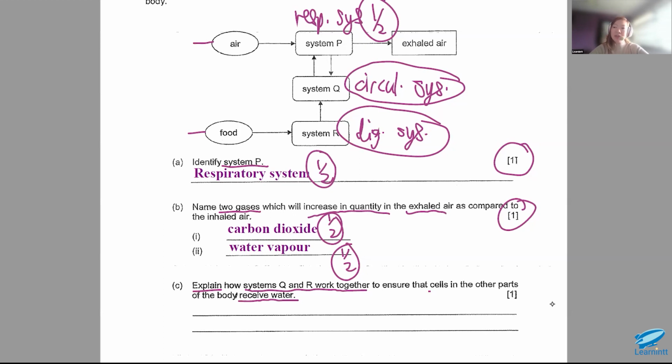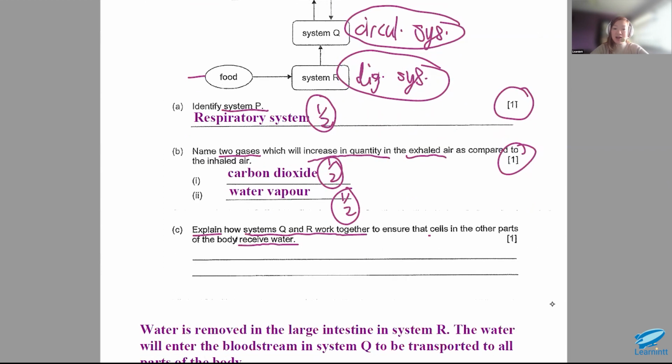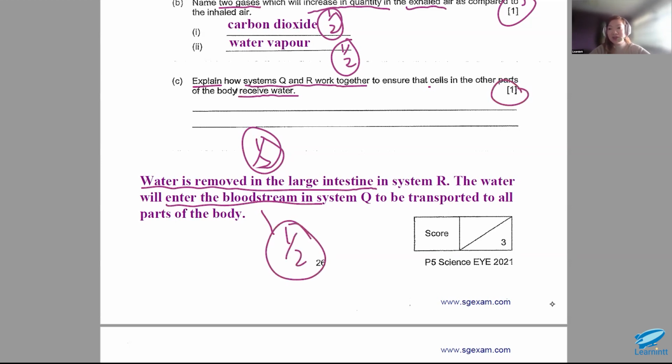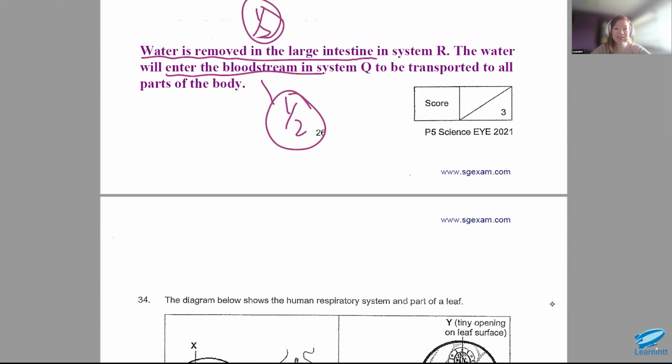So we know that water is absorbed or removed in the large intestine. We have to mention this, half mark. And then it will enter the bloodstream to be transported to all parts of the body, the other half mark. So that's how system Q and R work together. So over here, half mark, and over here, half mark. In total, 1 mark. Done.